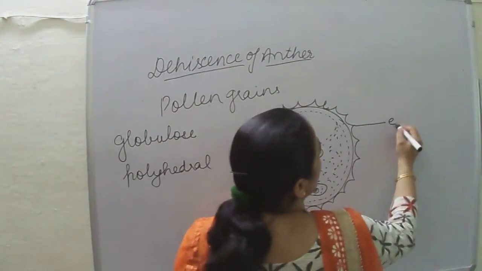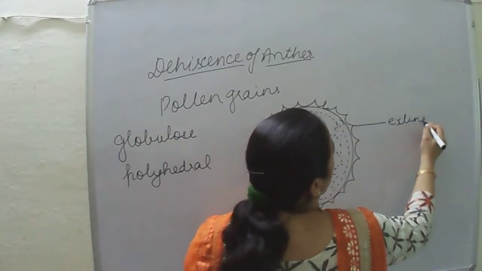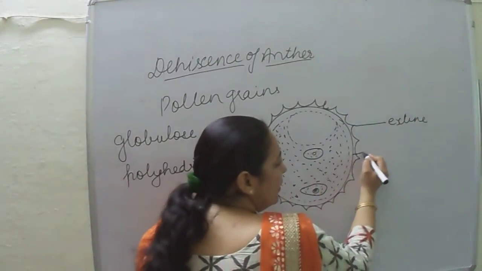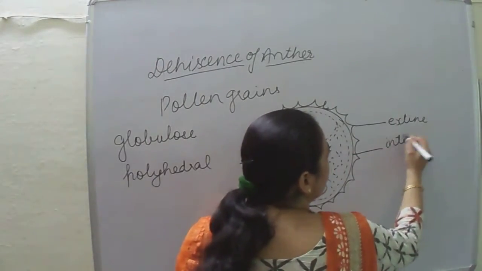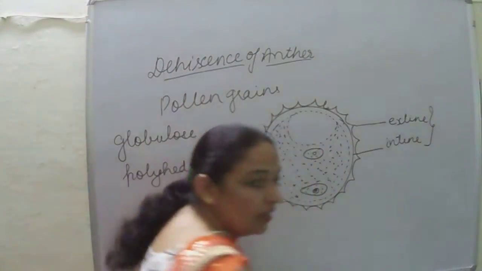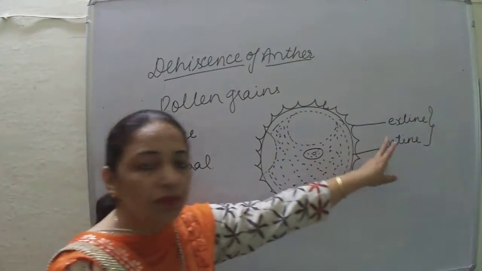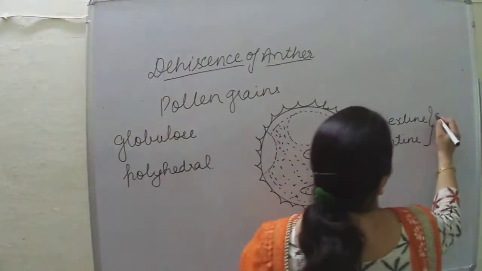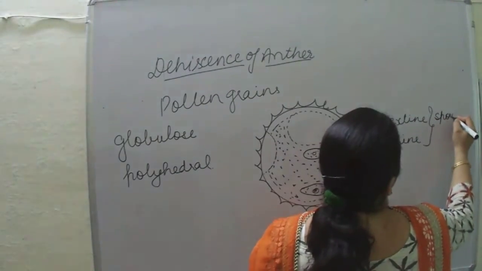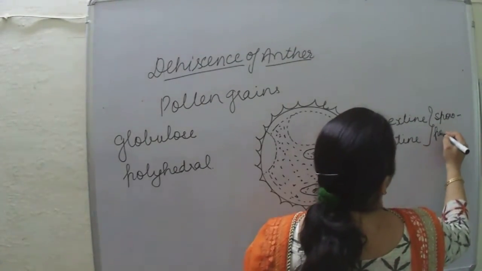It is known as exine. This is the internal layer. It is known as the intine. Both of them collectively are called sporopollenin.